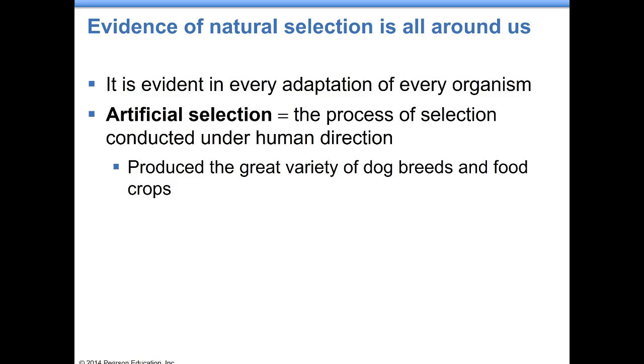Natural selection just happens randomly in nature. Artificial selection is the process that's actually conducted under human direction. This is where we've gotten a lot of our dog breeds.